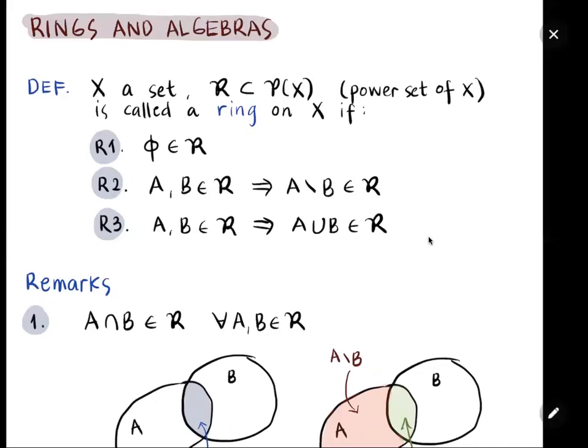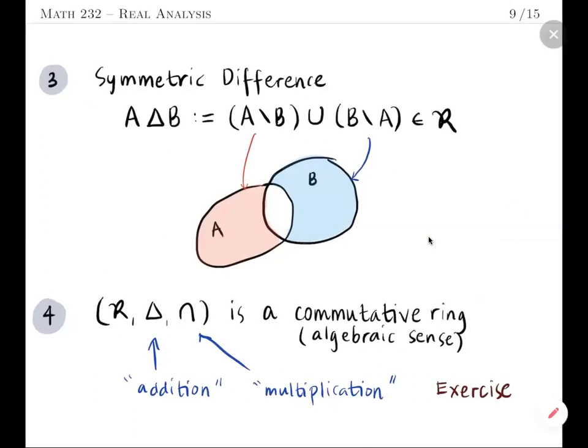Okay. Well, if you want to be more precise, this should be in R by R3, R2, I should say. This is also in R, again due to R2, and then therefore the union of two elements in R is also in R due to R3.